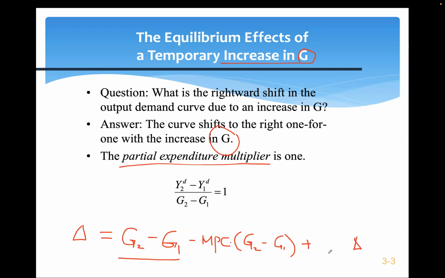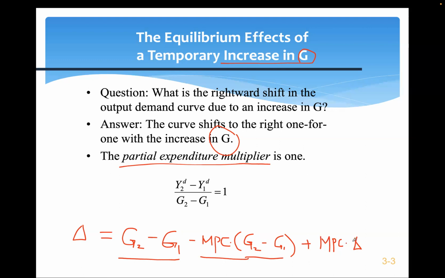This delta is going to translate into some additional spending in the economy, MPC times delta. The second term says that immediately, if nothing else happens, the government increases spending and taxes, household income decreases by this amount, and then their spending changes by this amount.